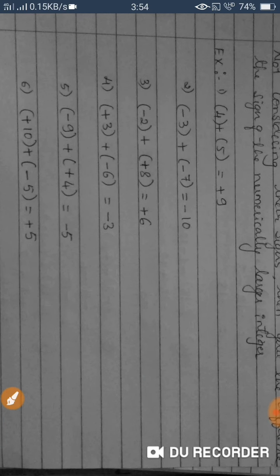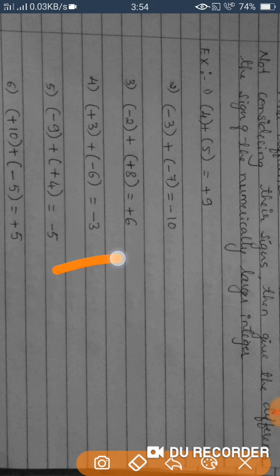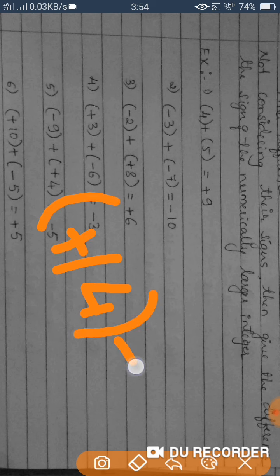So take another example. I'll write here. 14 plus of minus 3. If I take this, then what is the answer?